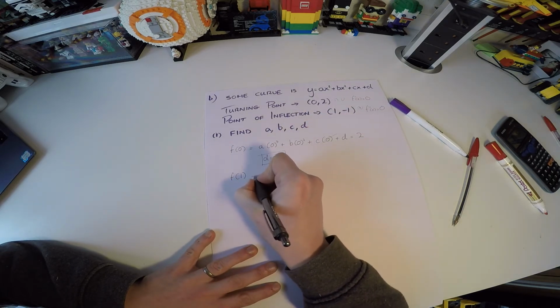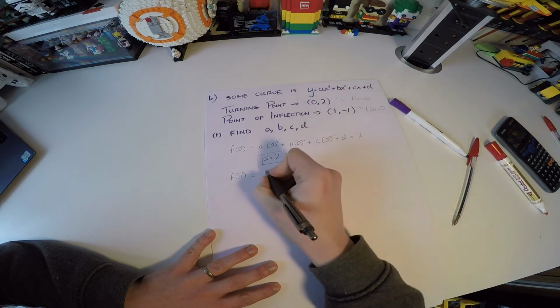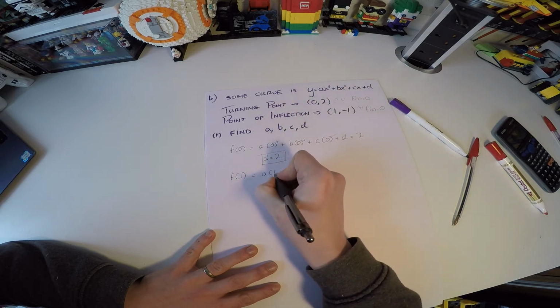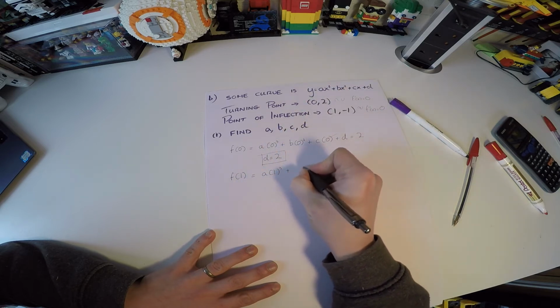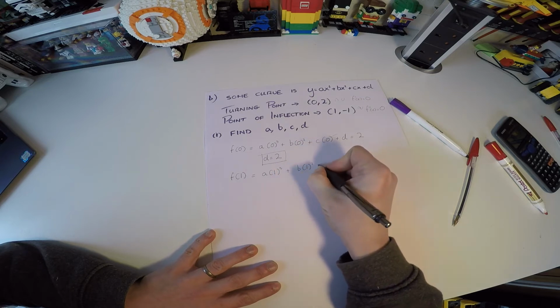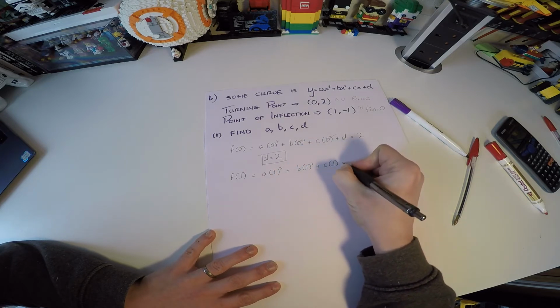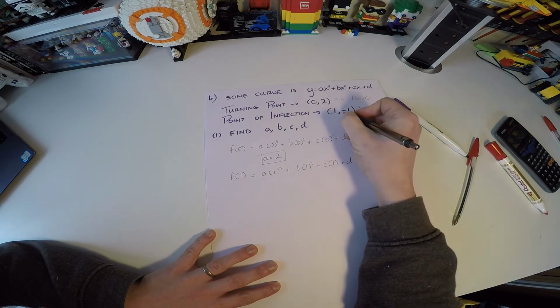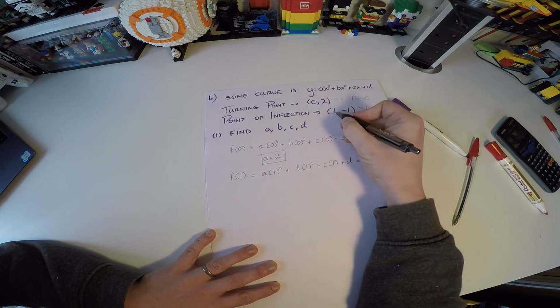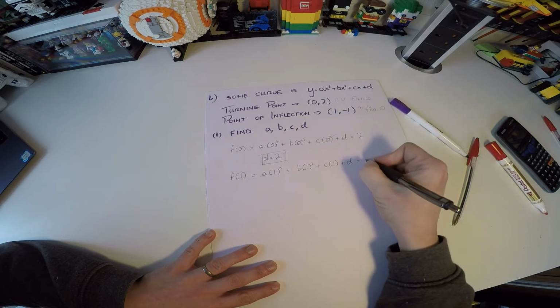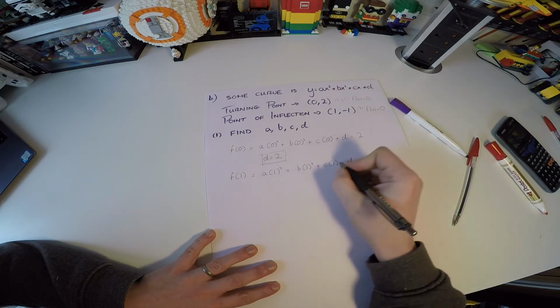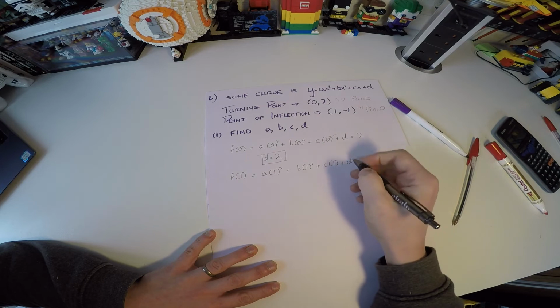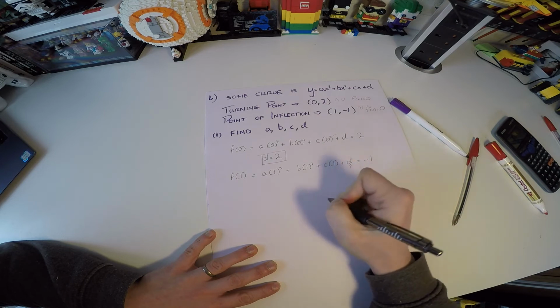So f of 1, of course, if we replace all these x's by 1, is a times 1 cubed plus b times 1 squared plus c times 1 plus d. And we know this is a coordinate on this function, so when x is 1, y should be minus 1. We also know that d is 2 from the first part.